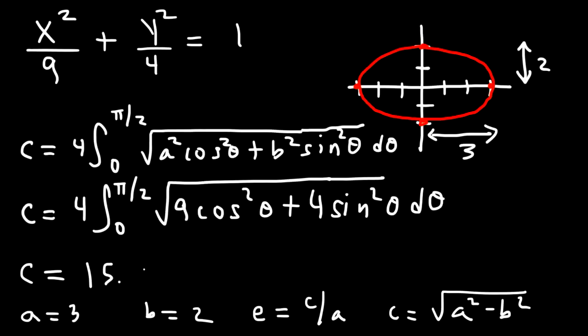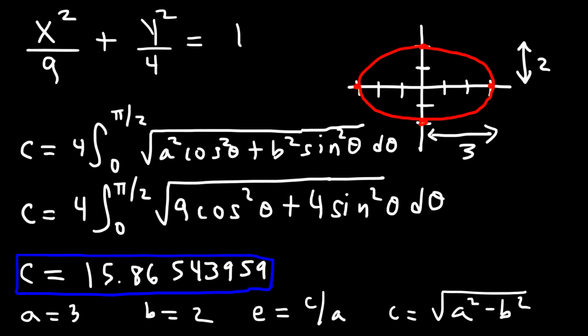I got 15.86543959. One thing I want to mention is that you need to make sure your calculator is in radian mode. If it's in degree mode, then you might get a different answer, so just look out for that.